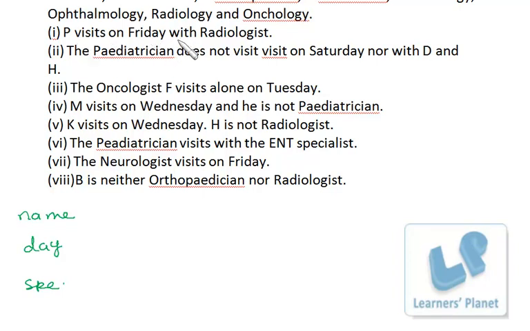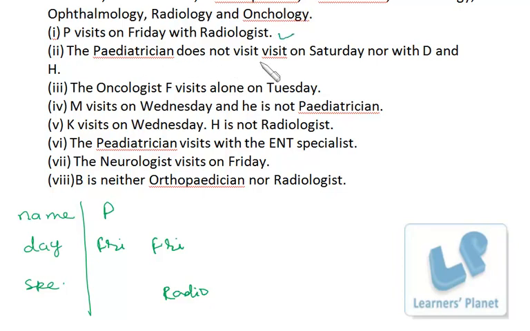Now P visits on Friday with radiologist. So P, I just write over here. That means P is not radiologist, but radiologist also visits on Friday. So we can have one combination, Friday radiologist, right? Okay, so this is done.